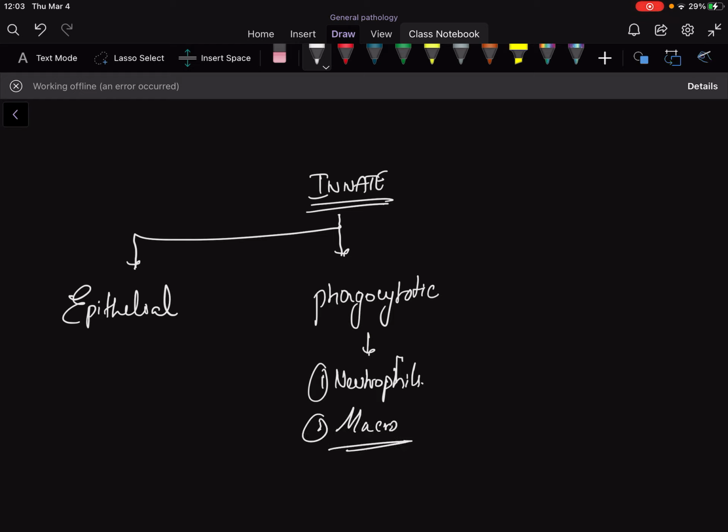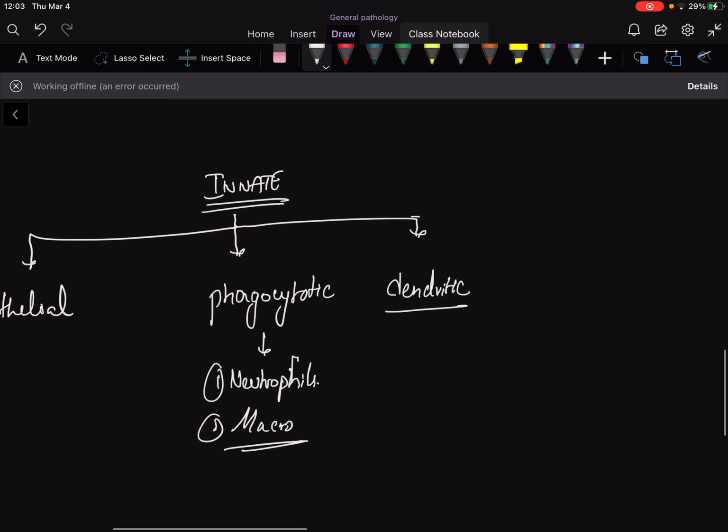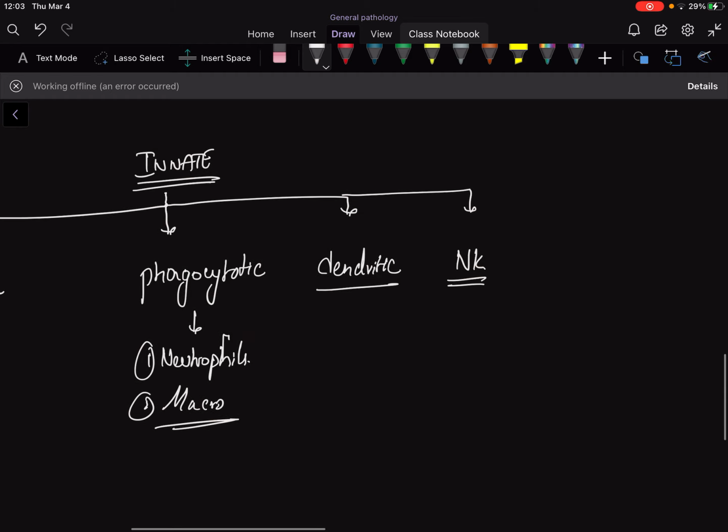Next we will be talking about dendritic cells, then natural killer cells. Next we will be talking about plasma proteins which are associated with innate immunity, and those include the complement system.